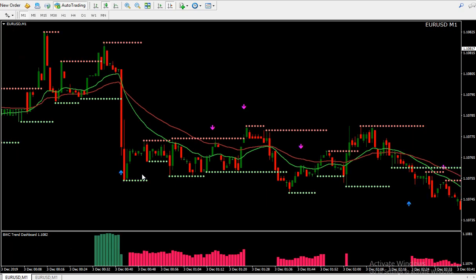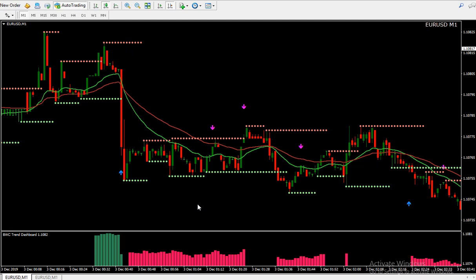But remember, we have a trend filter down here. We also have another trend filter in the form of moving averages. The signals alert you to potential trades. It does not mean every time you see this arrow you start trading. It simply alerts you that there's a potential trade setting up, either immediately or a few candles later.